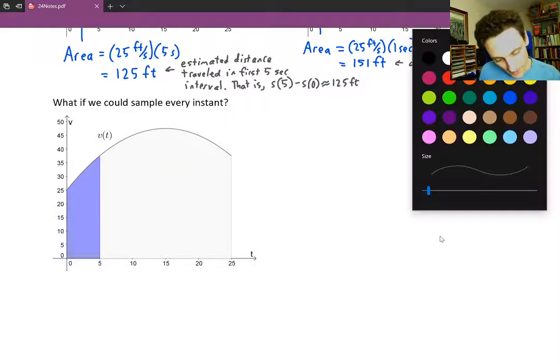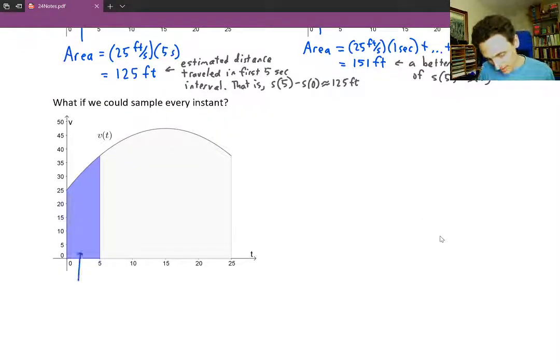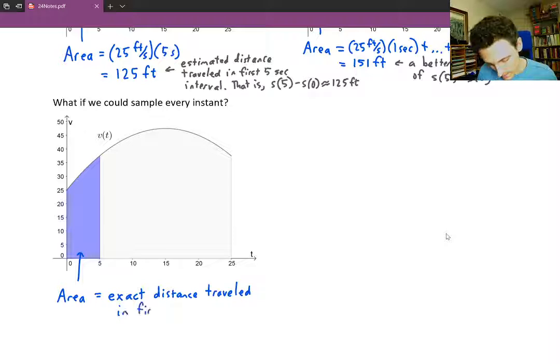So the picture that we would look at for this area is showing us the exact distance traveled in the first 5 seconds, or the first 5-second interval.